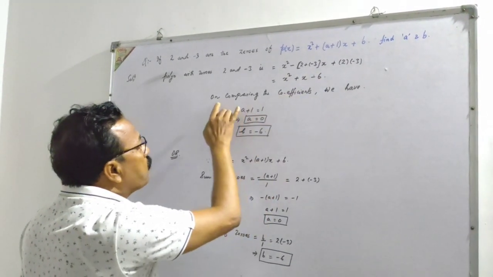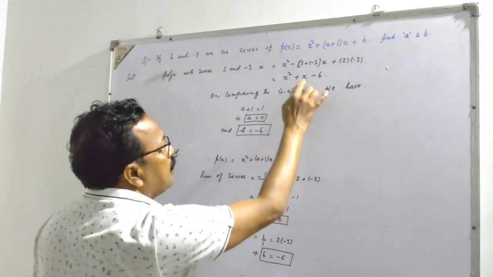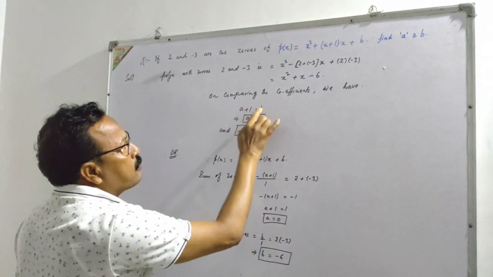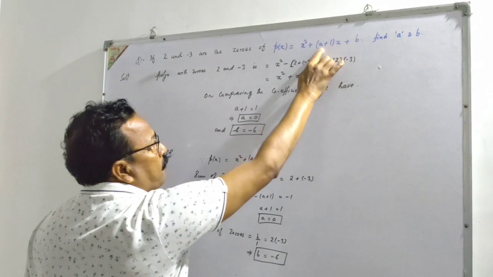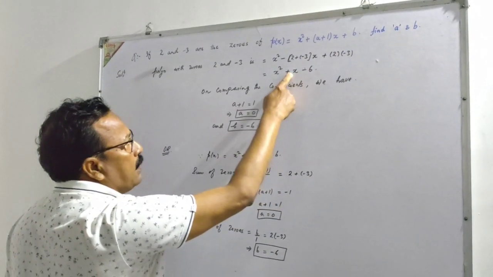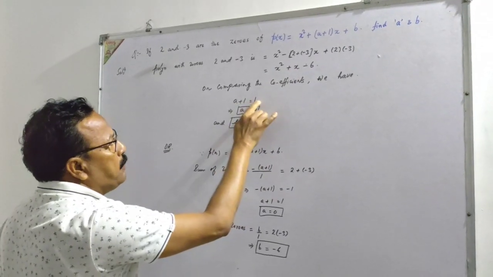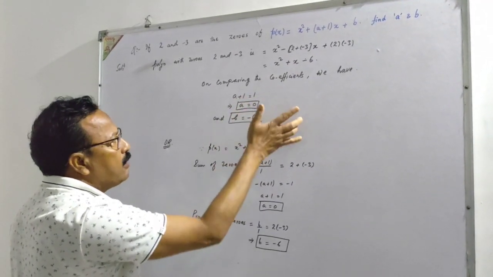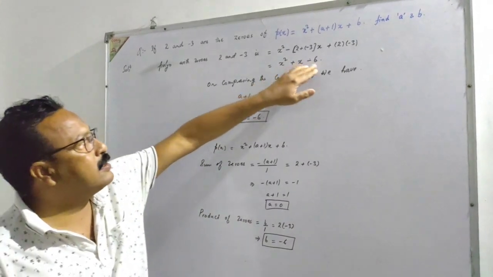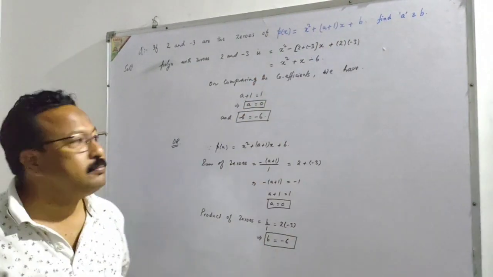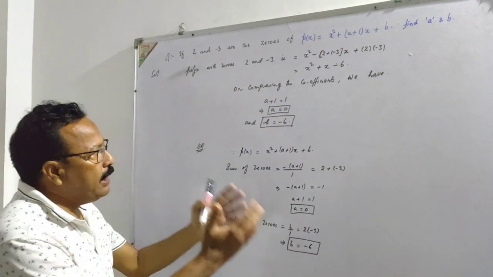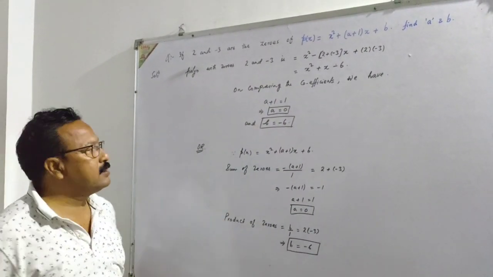Now we are going to compare the coefficients of these two. Here the coefficient of x is a plus 1, and here the coefficient of x is 1. On comparing, we got a equals 0 and b equals minus 6. This is one method. We found the values of a and b as 0 and minus 6.